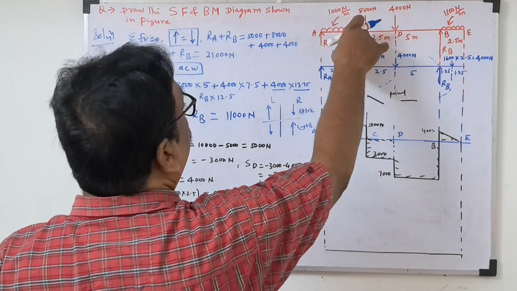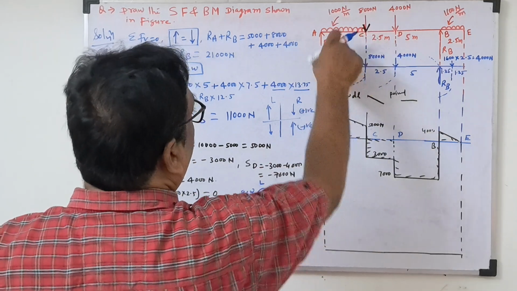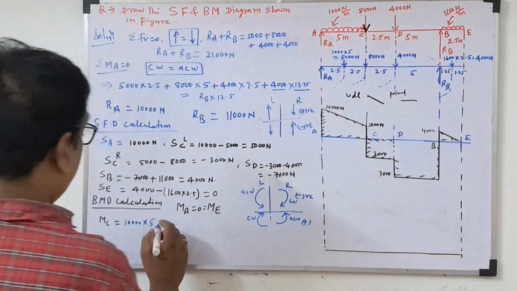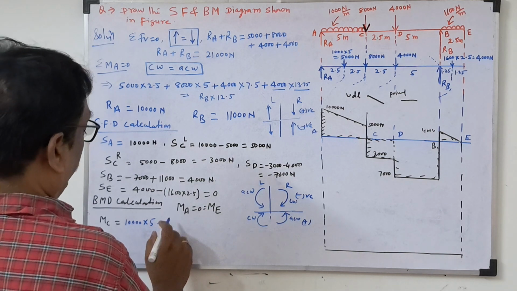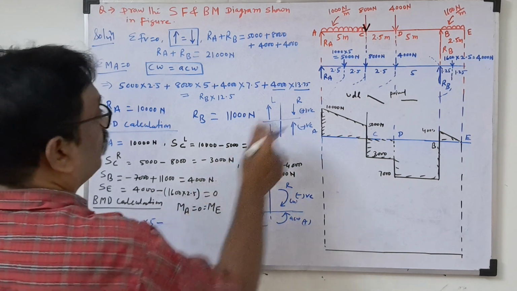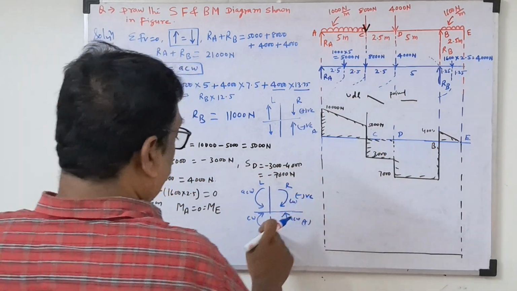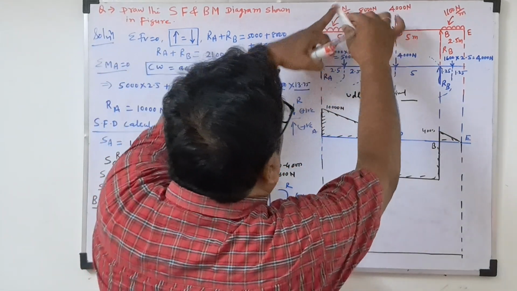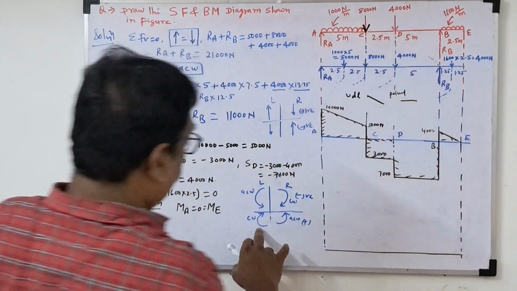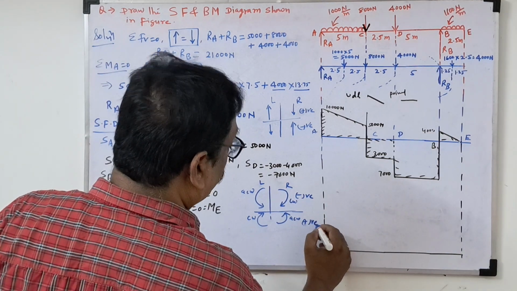Left side going clockwise positive. Minus because UDL now this will be anti-clockwise. Anti-clockwise will be negative. This RA going clockwise, RA positive.